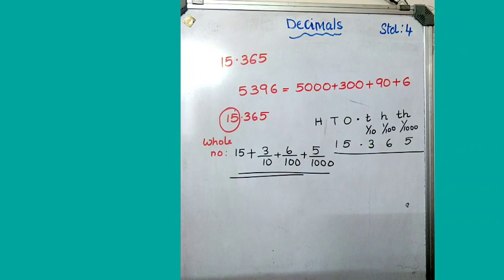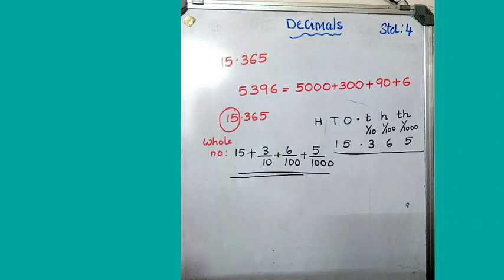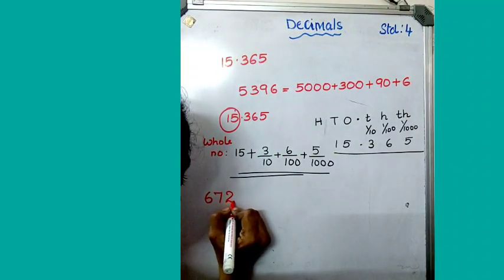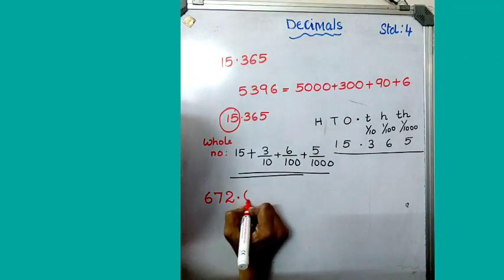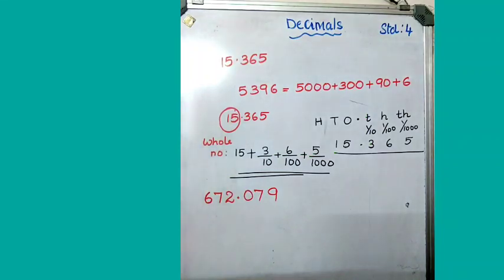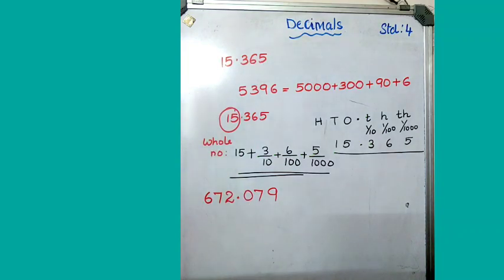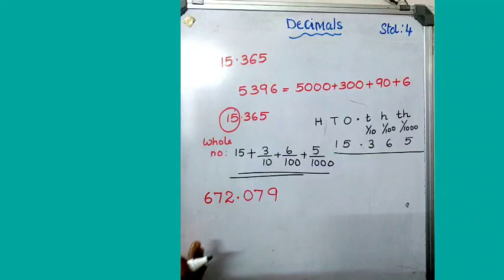Then look at the next number, 672.079. Look at the number. This is the whole number and this is the decimal part. You have to expand these numbers.